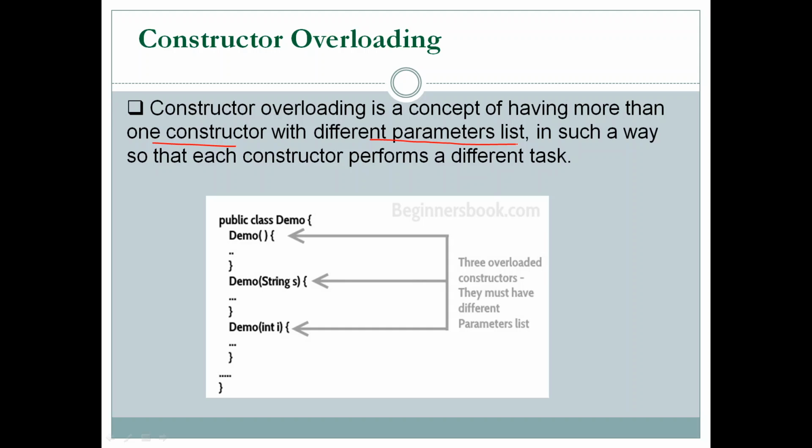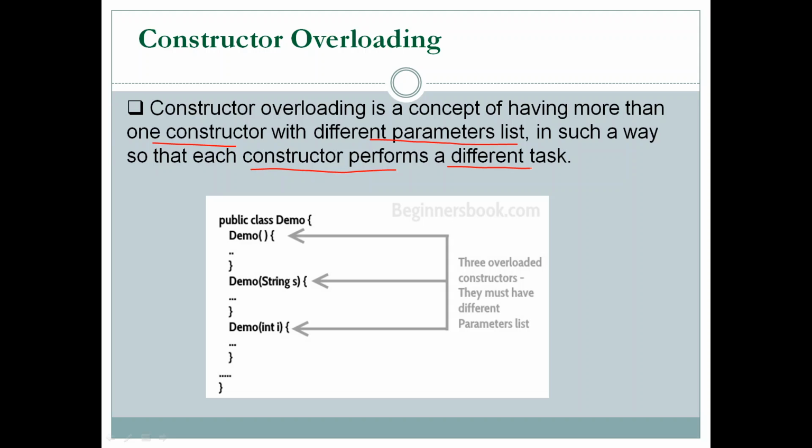We have more than one constructor, but the parameter list should be different in such a way that each constructor performs a different task. So we can have more than one constructor but with different parameters, and which performs a different task.